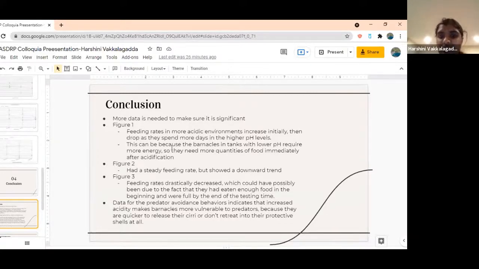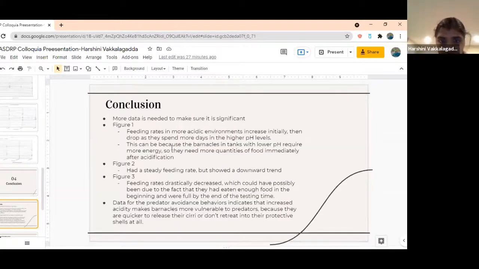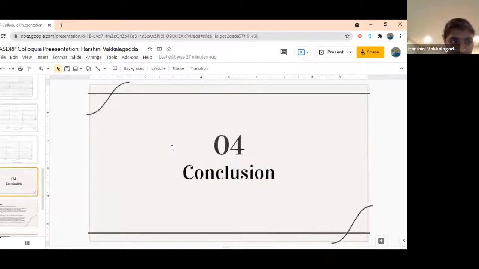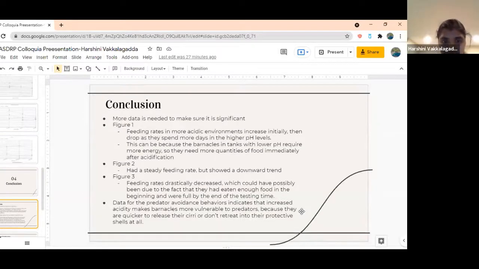And this can be because barnacles in the tanks with lower pH require more energy, so they need more quantities of food immediately after acidification. And in figure 2, they had a steady feeding rate with few fluctuations. And in figure 3, the feeding rates highly decreased, as you could see, and showed a downward trend.